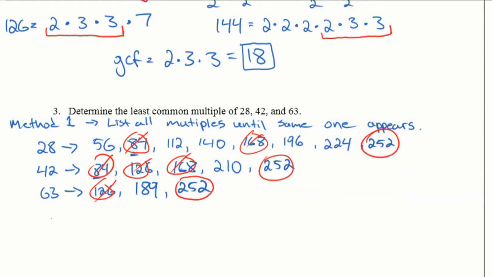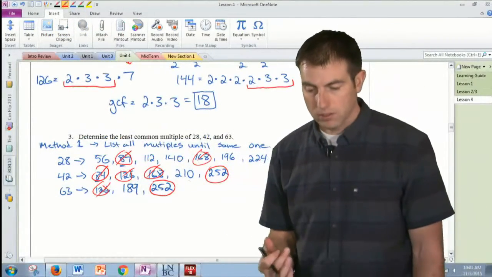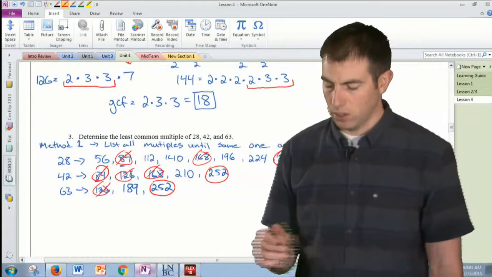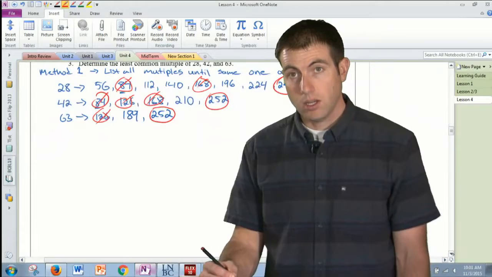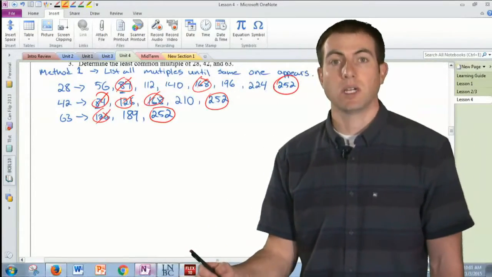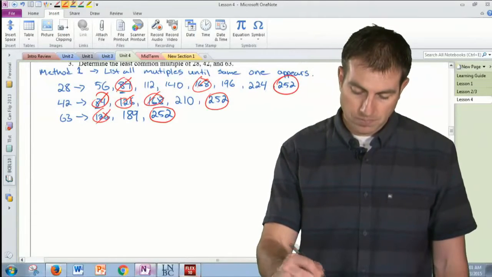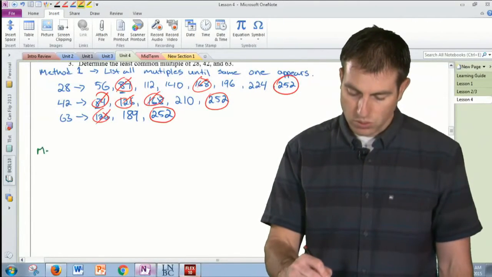So the only one that works is the 252, because all three of them will eventually multiply to 252, and that's the smallest one. So that's one method. I kind of took a long time to do that, but it's a method that will eventually get you there, but it can be really messy because sometimes you'll be dealing with really large numbers. So that's method one. This is method two.